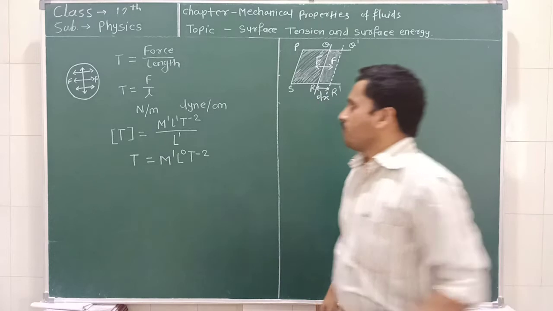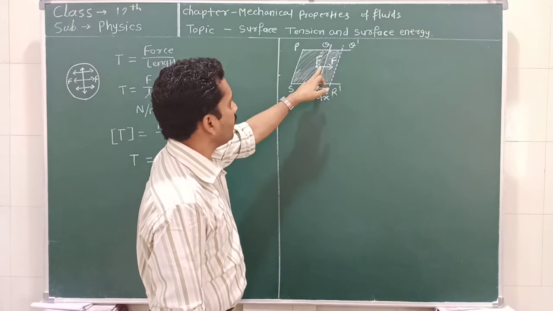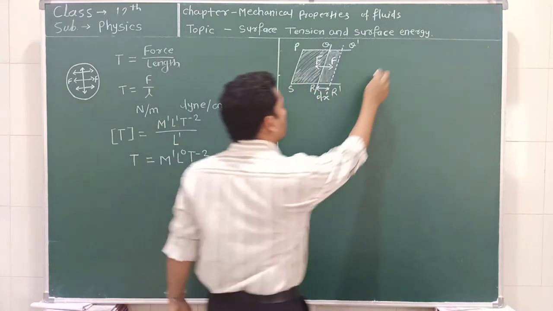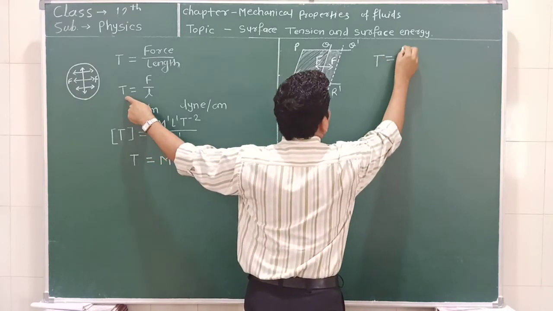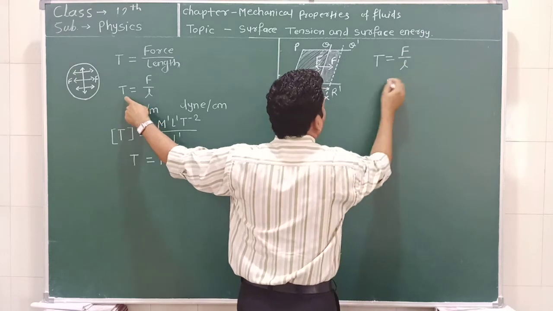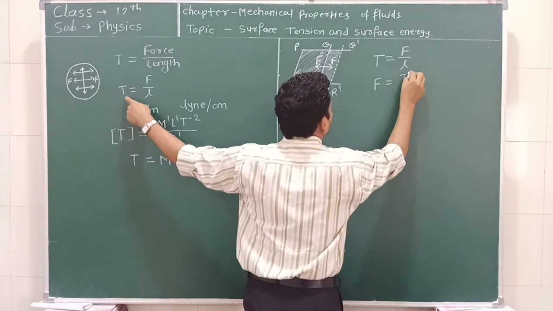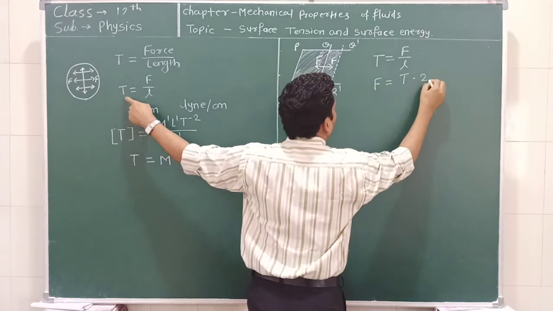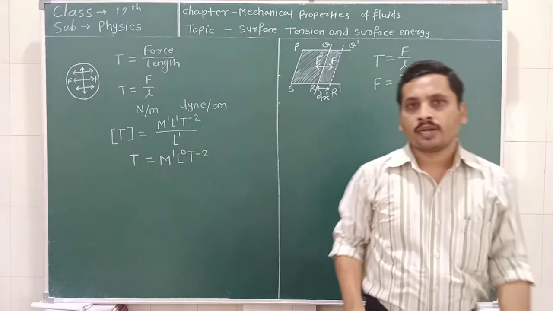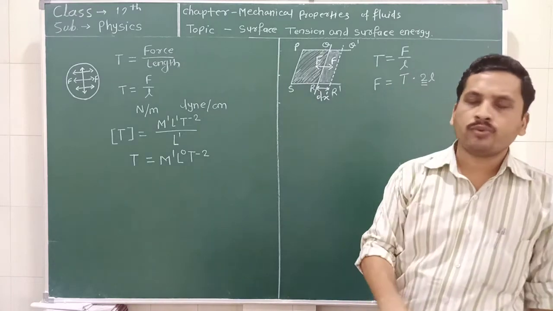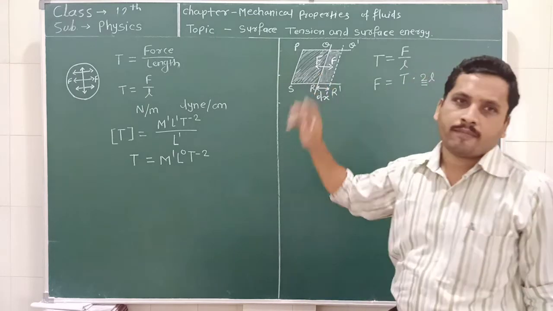Now what is the force acting on this side QR while it is decreasing this surface area? So we know that surface tension T is equal to F divided by L. Therefore this force is equal to the surface tension multiplied by twice L. This factor 2 arises because this soap film has two surfaces, the front surface and the back surface.